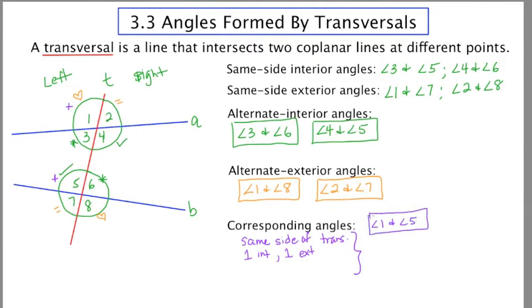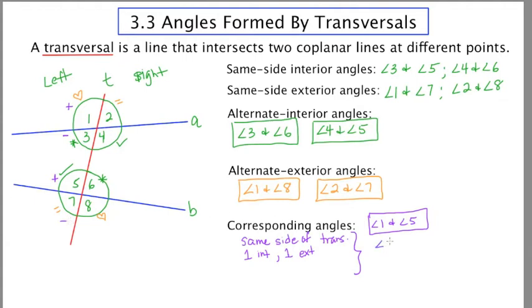Okay, now I'll put a minus by angle 3. Angle 3, I've chosen from the left of the transversal, from this upper cluster, and it's in the interior region. So now I need to move to the lower cluster. I need to stay on the same side of the transversal, meaning the left side. And since I originally picked interior, now I need exterior. So that's going to be 7.